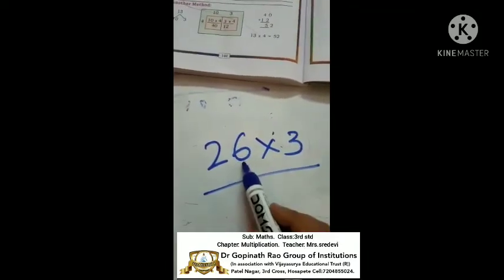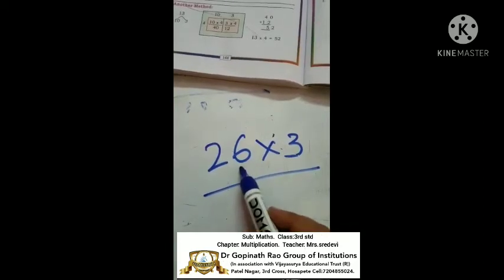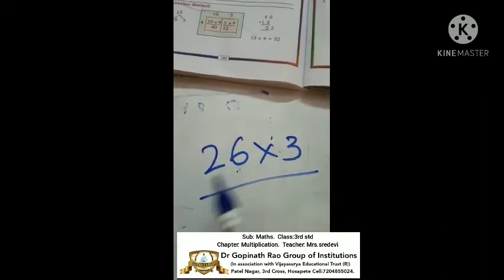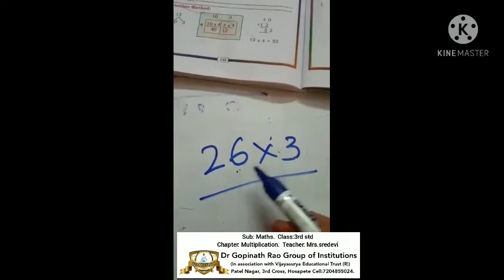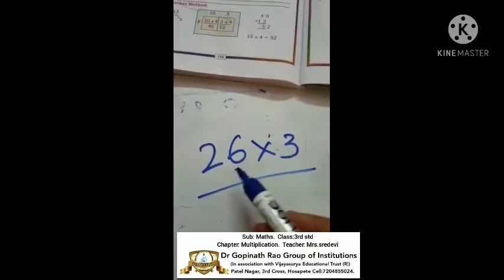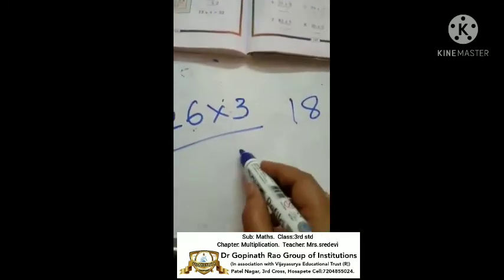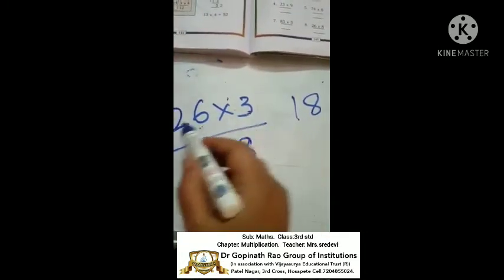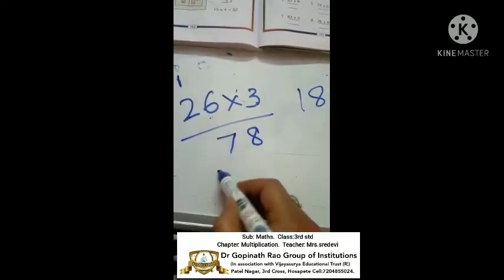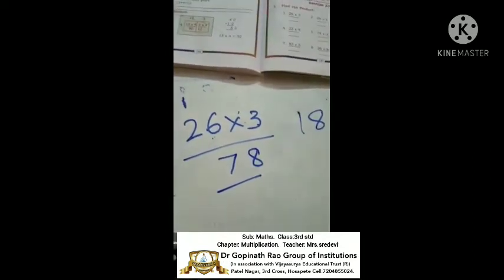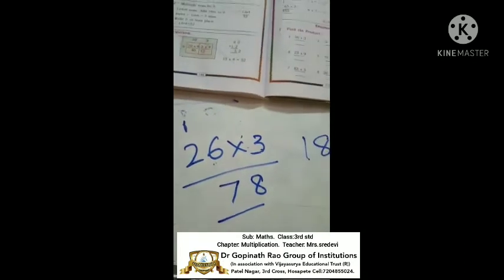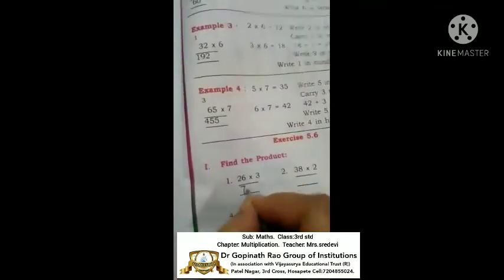If you don't know the 3 table, you can write even 6 3s. 6 1s are 6, 6 2s are 12, 6 3s are 18. In this way 18 is the answer. How will you write 18? 1 we will write here and 8 we will write here. 3 2s are 6, 6 plus 1 is 7. So the answer is 78.